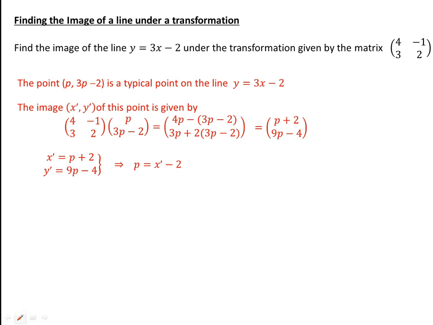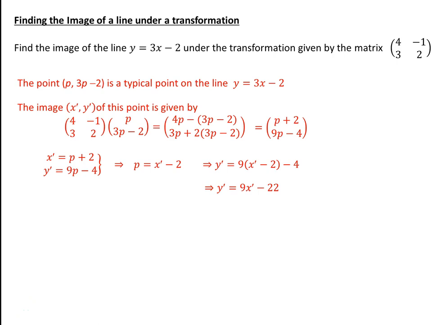The fact that x dash is p plus 2 tells me that p is x dash minus 2, which in turn tells me that y dash is 9 times x dash minus 2, take away 4. In other words, y dash is 9x dash minus 22.